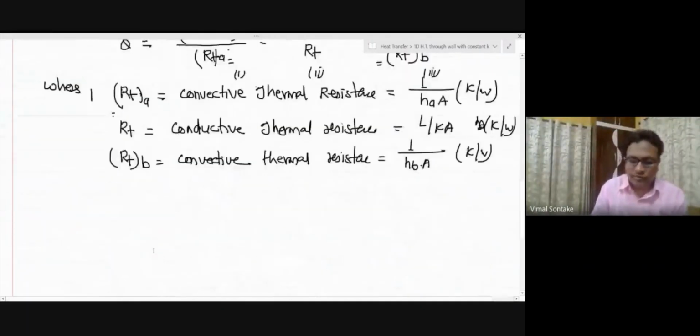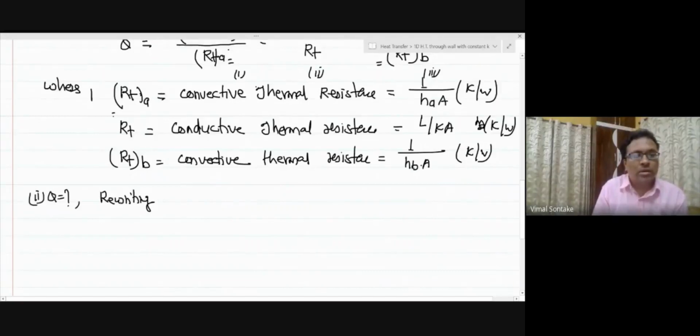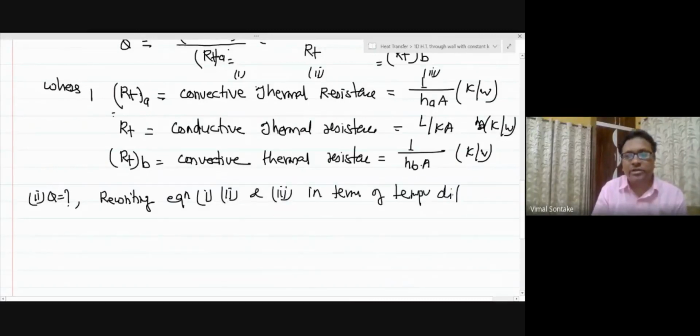So, rewriting equation number 1, 2, and 3 in terms of temperature difference.